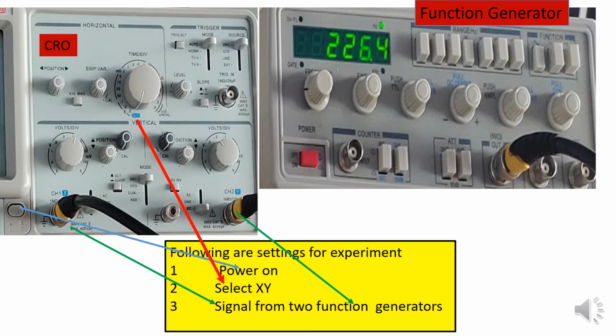Similarly, this is power on, then these are the signals from the two function generators to channel 1 and channel 2. You have to feed the signals here. This is the figure of the function generator, and this is the output from the function generator.